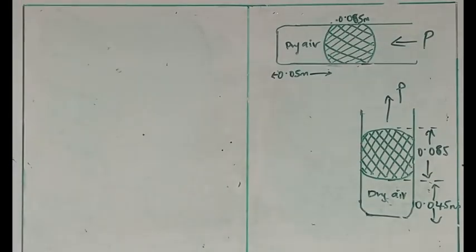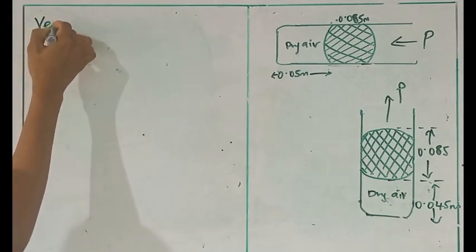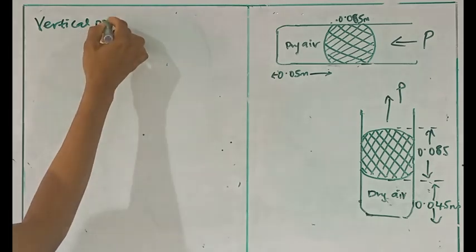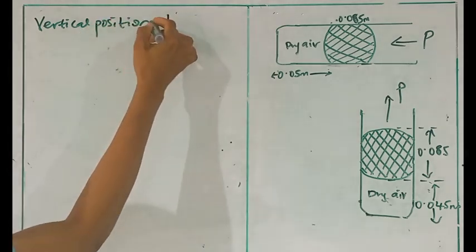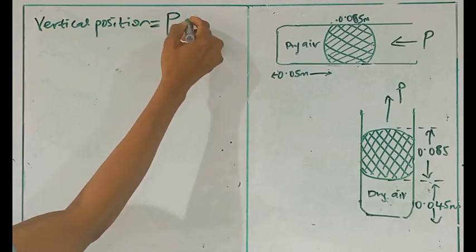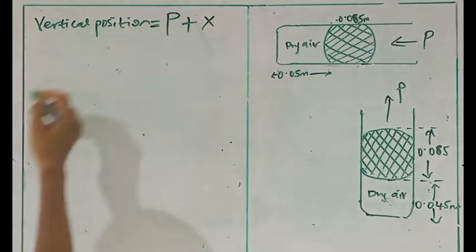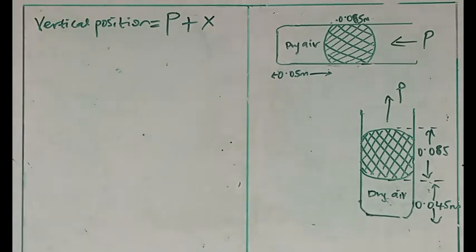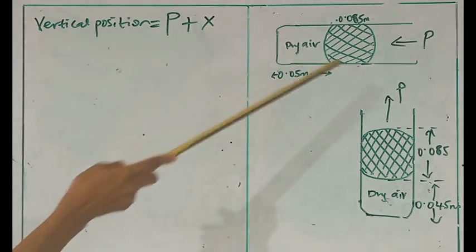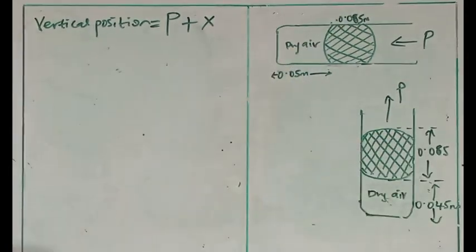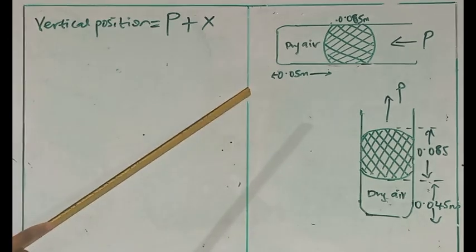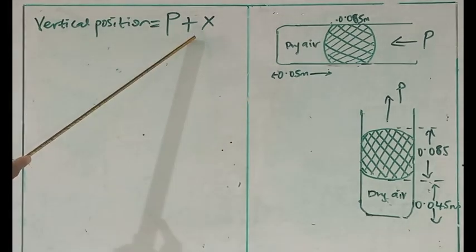Remember that for the vertical position, we have it that pressure exerted is P plus x, atmospheric pressure plus pressure due to the mercury column. Because it's facing up, that's why we have plus.